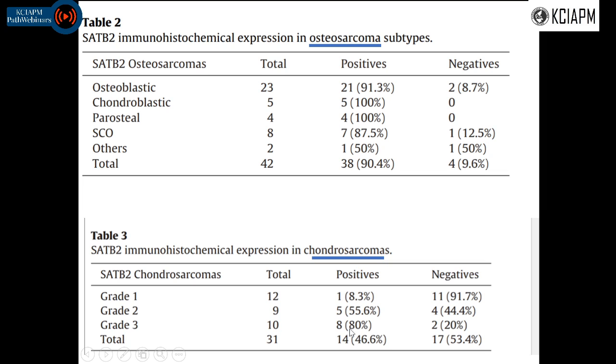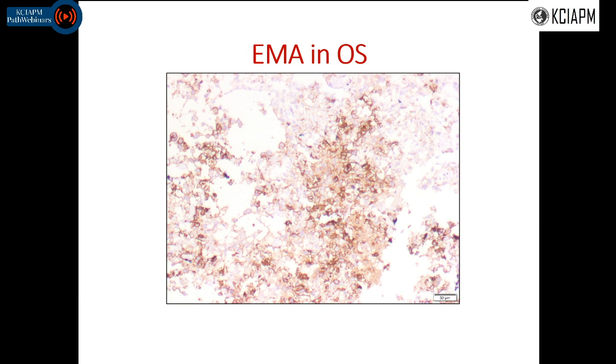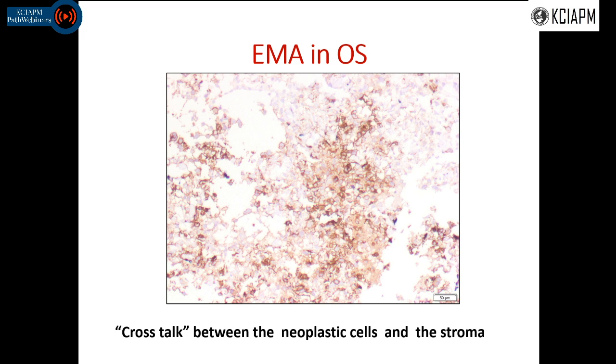So the higher the grade, SATB2 is helpful, but in grade 1 it is negative. It's positive only in 8% of the cases. So even EMA staining, if done, could be positive. So there seems to be always a crosstalk between the neoplastic cells and the stroma, and these markers are not truly helpful.